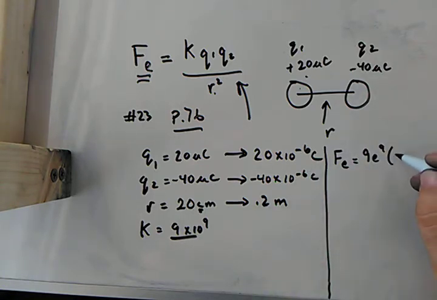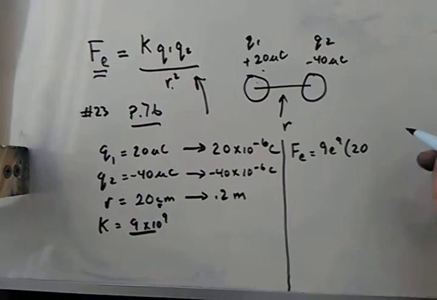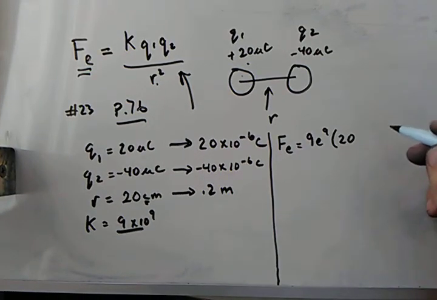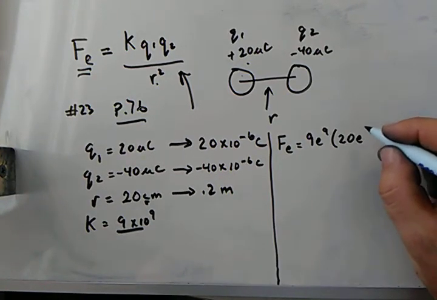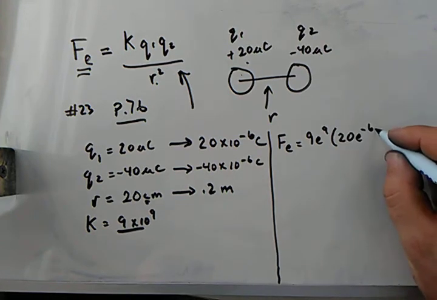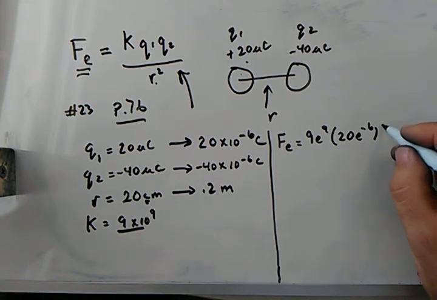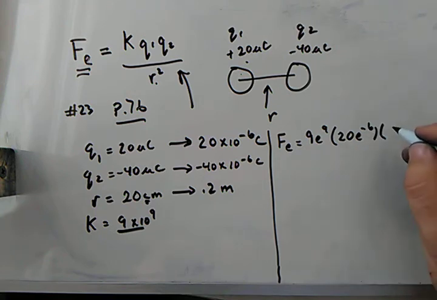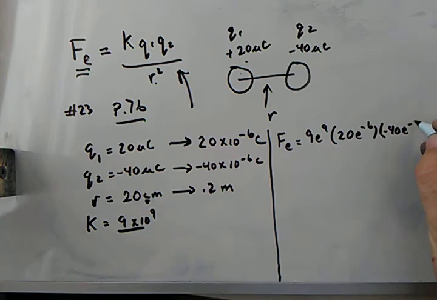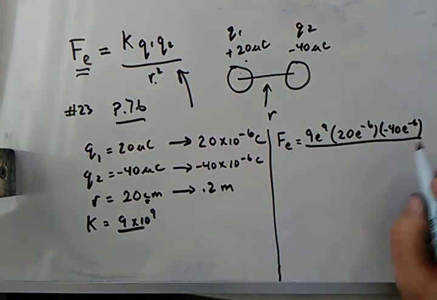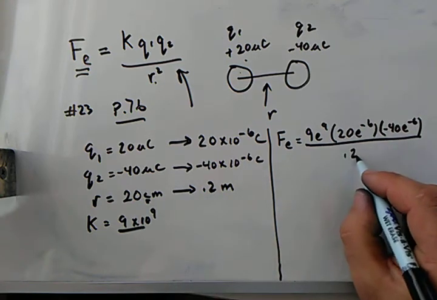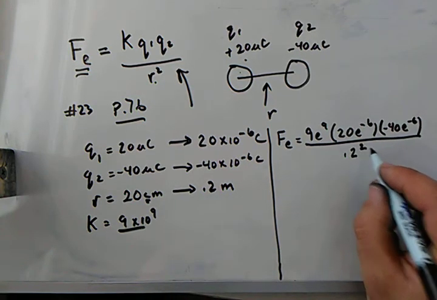Q1 is going to be 20 times 10 to the negative 6th coulombs, times negative 40 times 10 to the negative 6th coulombs, all divided by 0.2 meters squared.